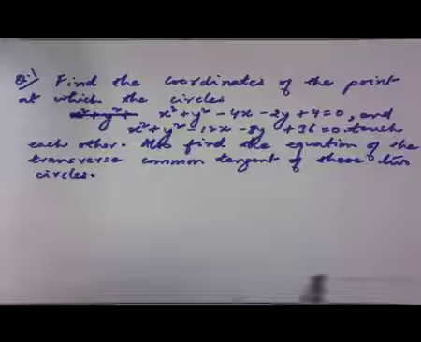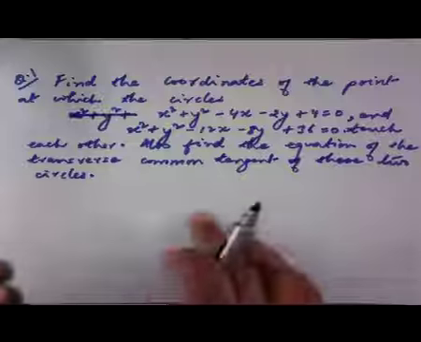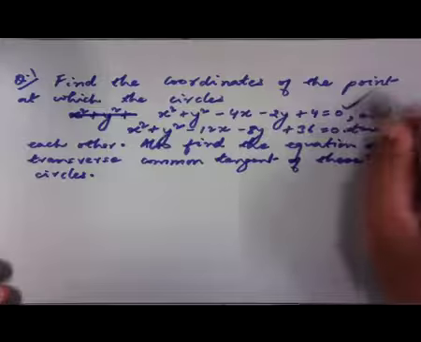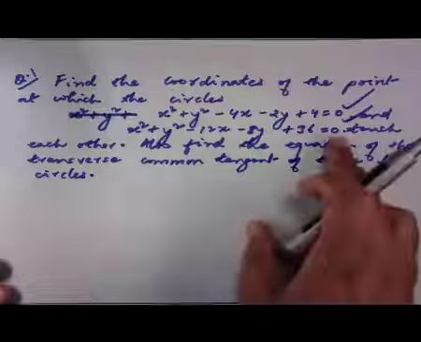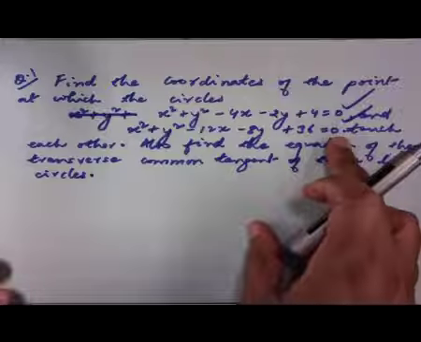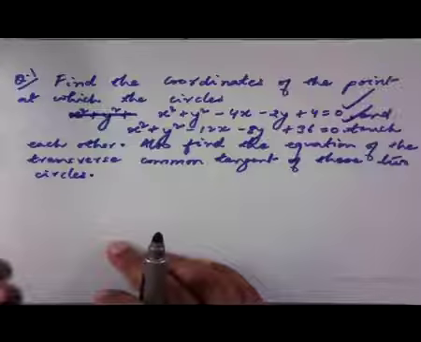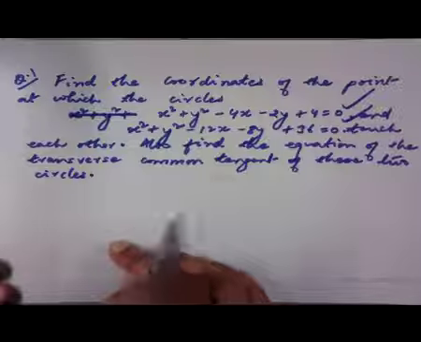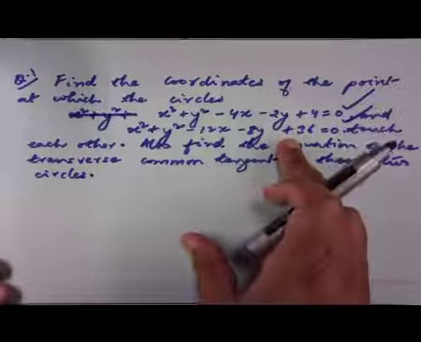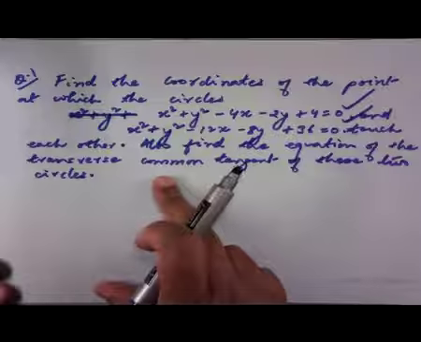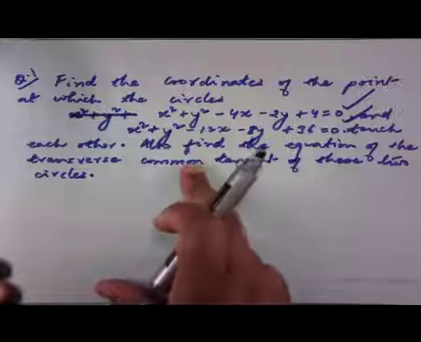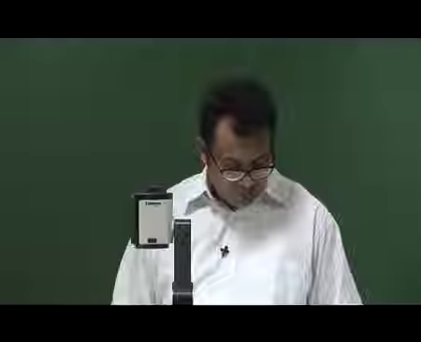So, the problem statement is very clear. We have two circles and it is said that they touch each other, and in that case we are asked to find the coordinates of the point where they are touching each other, and then further we are asked to find the equation of the transverse common tangent between these two circles.